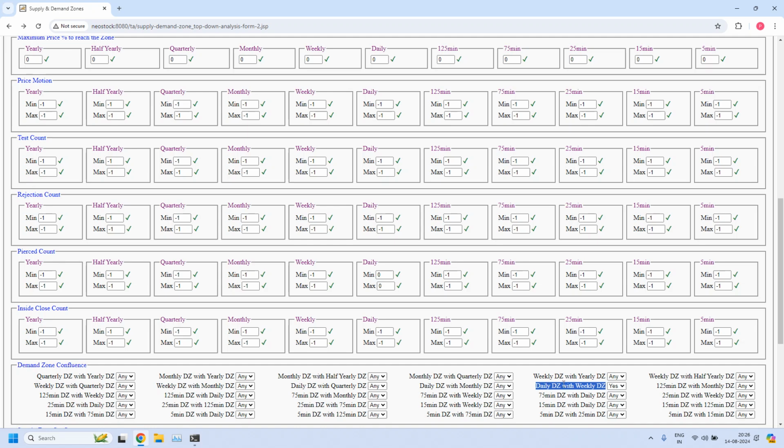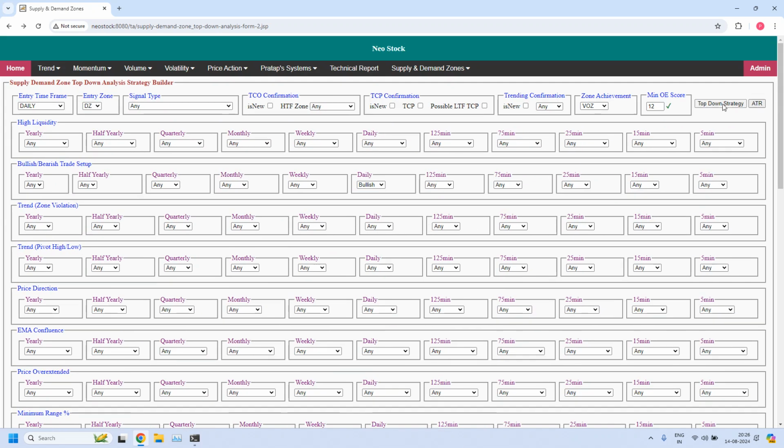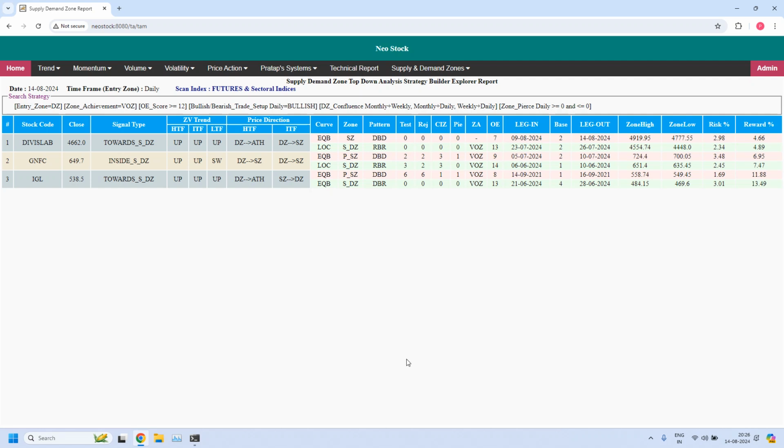Already 1 we added. And the next one, daily demand zone with monthly demand zone confluence, also enabled. And also weekly demand zone and monthly demand zone confluence, that is ITF and HTF confluence, also we added. With all the 3, let's verify. So 3 stocks, from 9, 3 stocks are filtered.